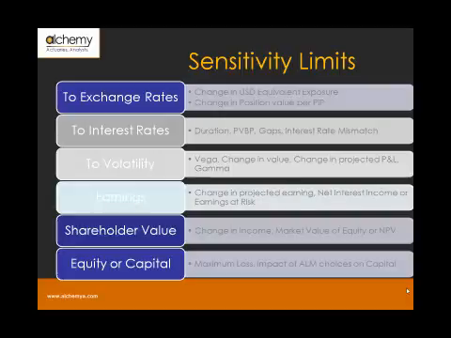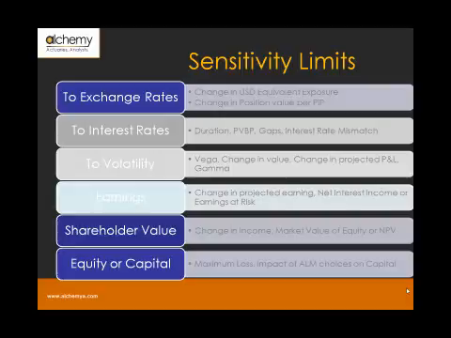A great example is the earning at risk report that we use on the asset liability management or the ALM side. Another great example is the market value of equity or NPV or shareholder value report that we also use on the ALM side. You can also look at maximum loss, worst case loss. On the exchange rate side, you look at changes in position based on price value of a given interest point.